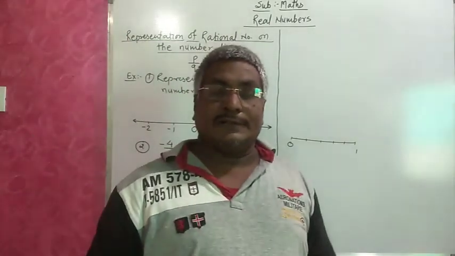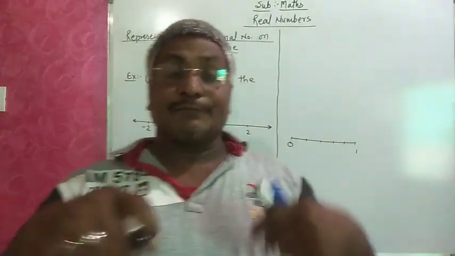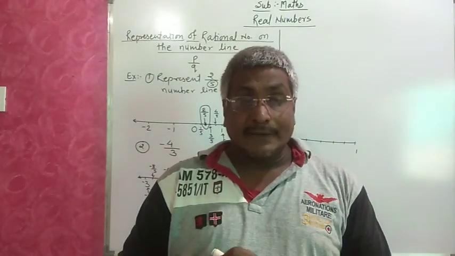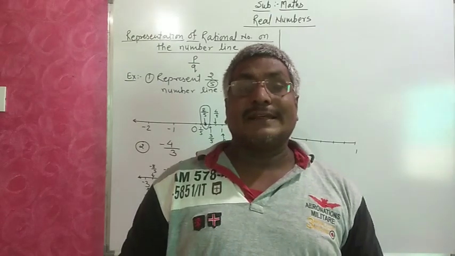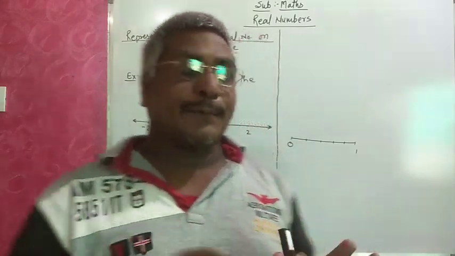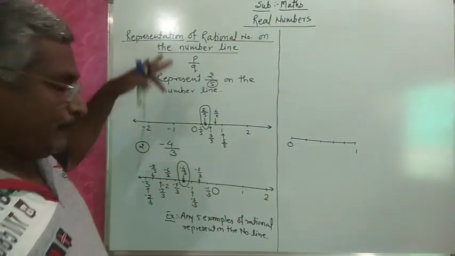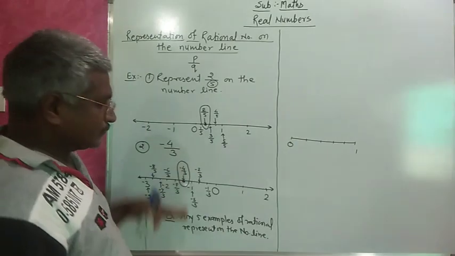This is for revision only, meaning whatever we studied in the lower class, we are reminding. Whatever we are going to study now, we will understand easily. For that purpose, we should know these basic things. Hope you understand, students, this?